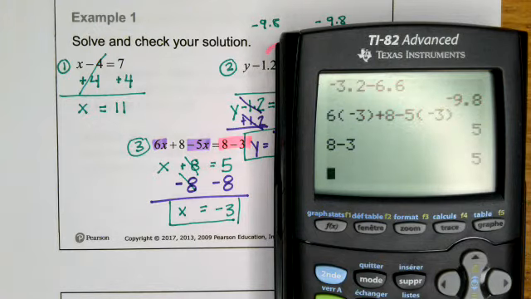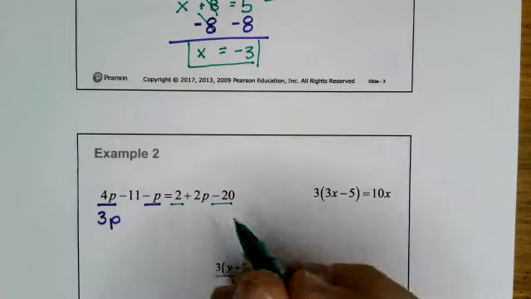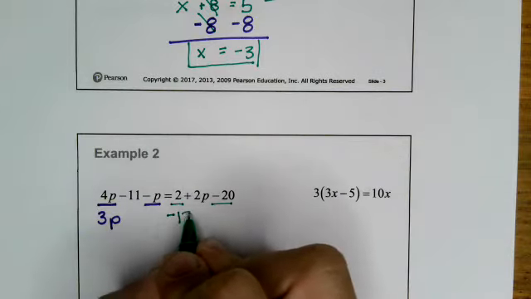All right. So simplify each side is what I would do first for example 2. Four p minus p, 2 minus 20. 4p minus p becomes 3p. 2 minus 20 becomes negative 18, right?